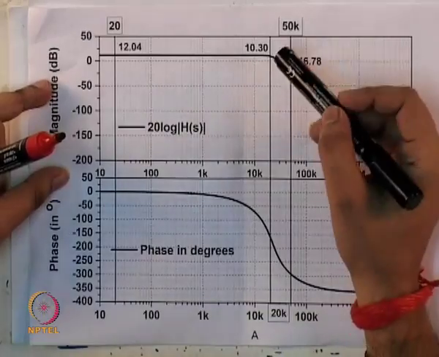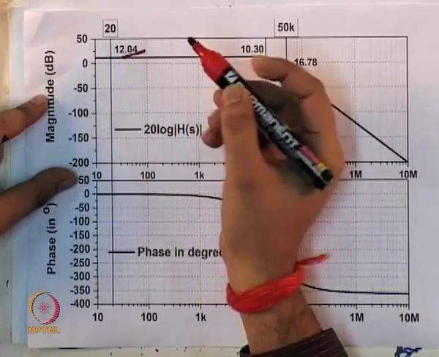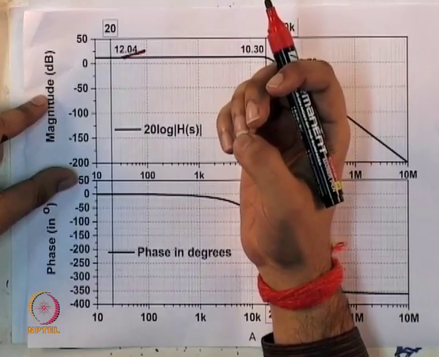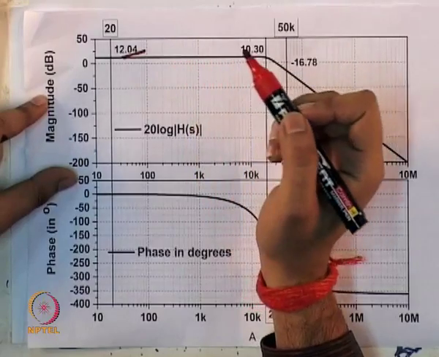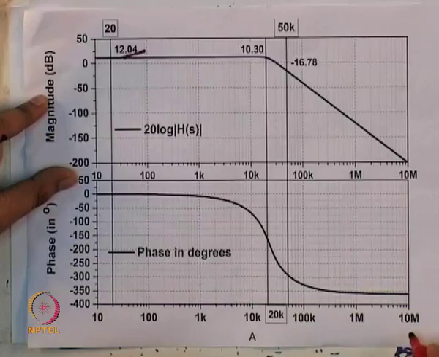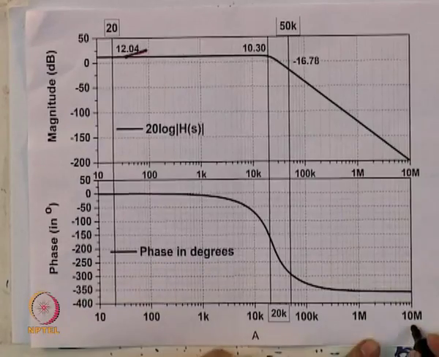Here you can see that the DC gain of the filter is 12.04 dB, which is close to 4, that we assumed as the filter DC gain, and here we have this axis as omega.